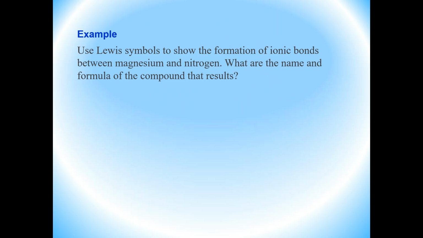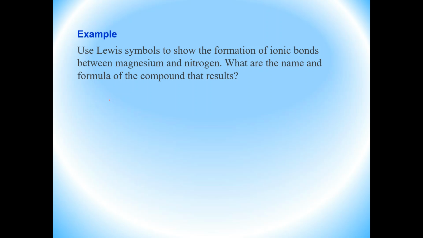Okay, so based on what we have just learned, you should be able to do this example. Let me go back to my pen function here. This question says, use Lewis symbols to show the formation of the ionic bonds between magnesium and nitrogen. What are the name and the formula of the compound that results?